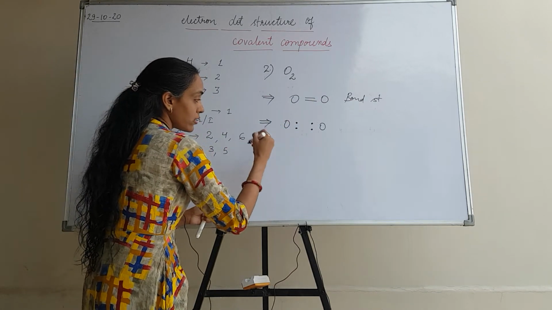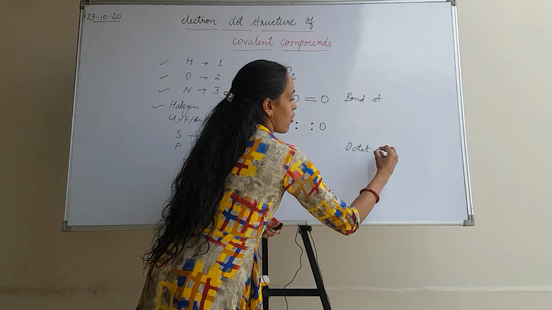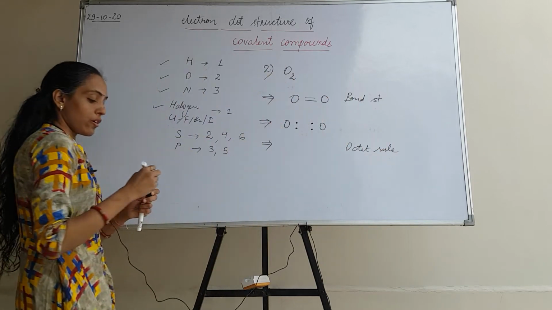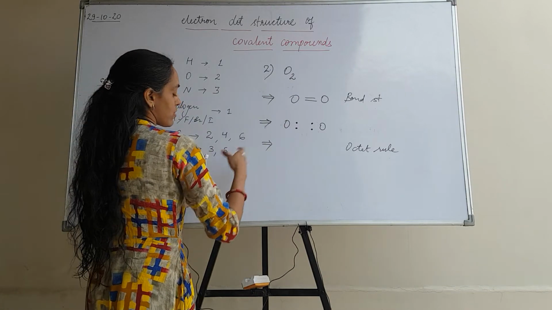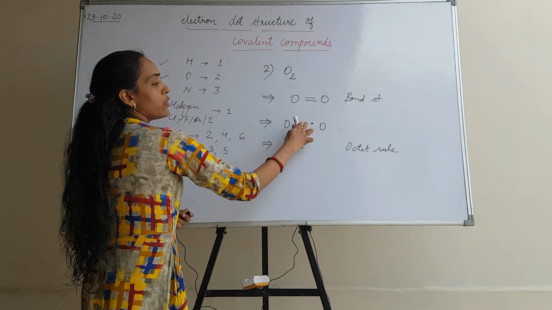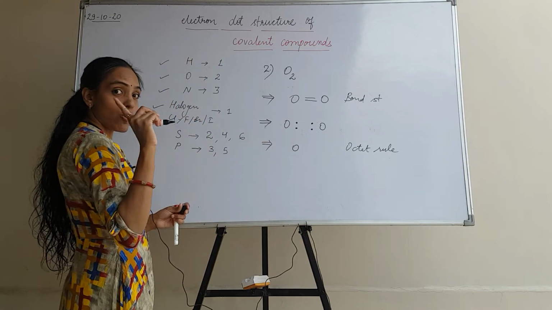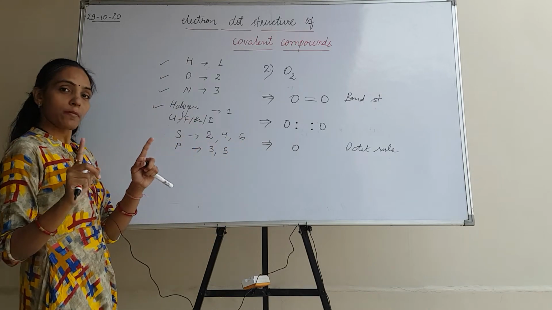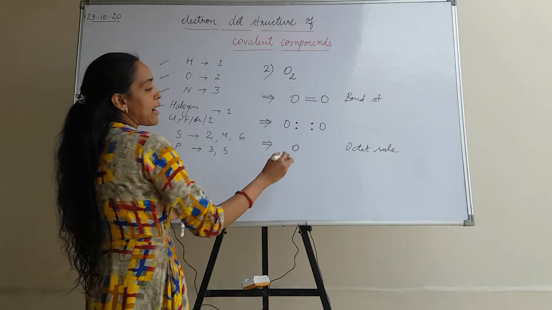Now we will go to the third step, which is important to focus on here: follow the octet rule. The octet rule says 8 electrons, as you know. See, with this oxygen, 1, 2, 3, 4 are already present. That means 4 more electrons are still pending. Octet means 8. 1, 2, 3, 4 we have drawn, 4 more are pending.